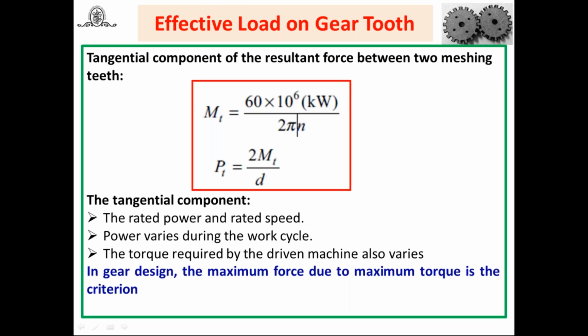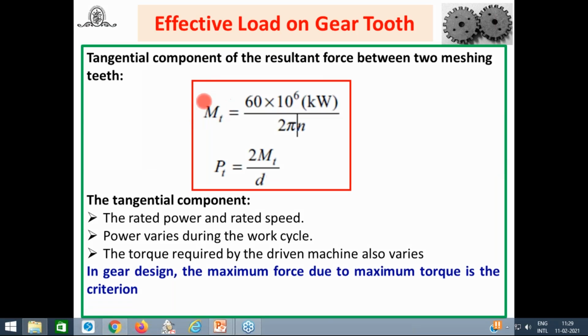But how to calculate this tangential component? For that purpose, we have to find out the MT, you know the nomenclature. MT means torque transmitted, kW means power in kilowatt, and you know very well that power is equal to 2 pi n MT upon 60. But here it is taken in kilowatt, that's why we multiply by 10 raised to 6.